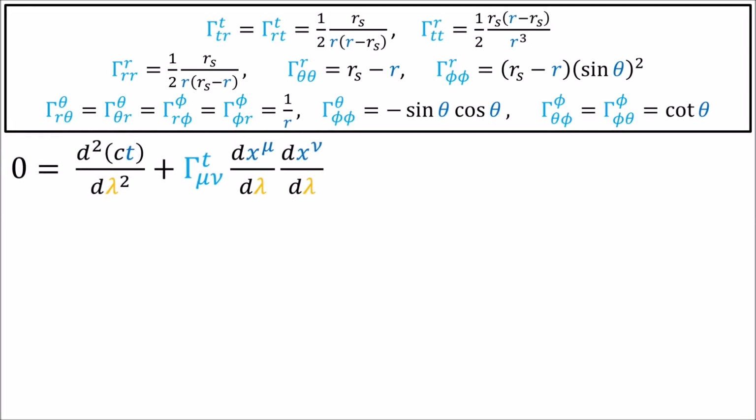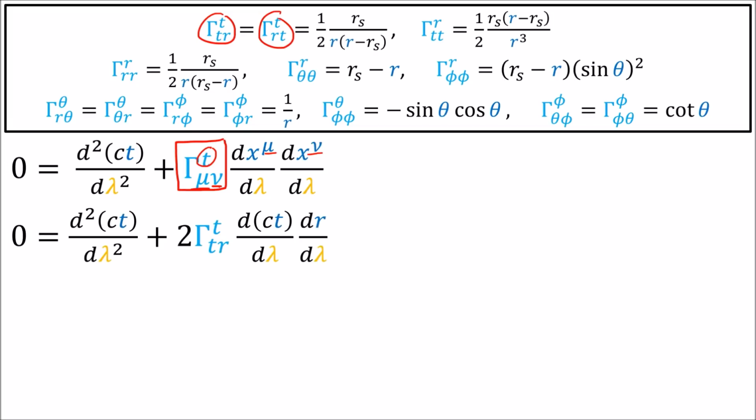To write out this summation over mu and nu, we need to find all the connection coefficients with t on top. There are only 2 connection coefficients with t on top, which are the TTR and TRT connection coefficients. And they both equal each other, so I'm just going to write this sum as 2 times gamma TTR, matching t with a time derivative and r with an r derivative.